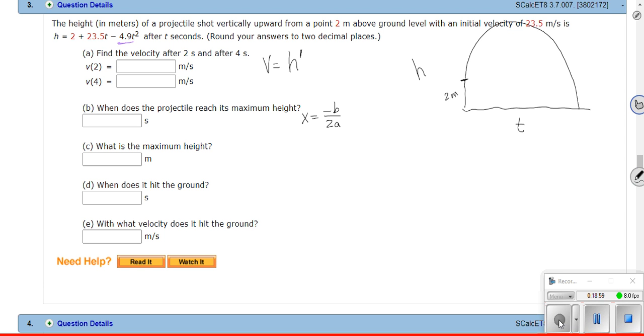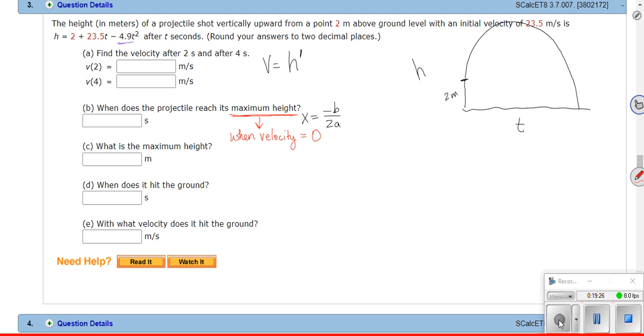The other thing that you can do here is it's going to reach its maximum height when the velocity is 0. So once you find that first derivative of the h function, of the position function, set it equal to 0 and solve it.